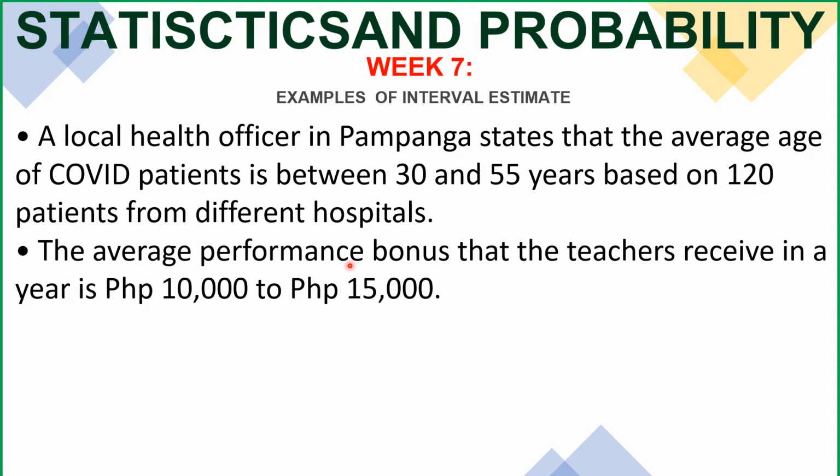Kung magaling siyang magturo, pwede siyang umabot ng 20,000, 18,000, lagpas 15,000. Ngayon, kung poor naman yung performance niya, pwedeng umabot lang ng 9,000 yung bonus niya. So, yung ibig sabihin ng interval estimate dito is mostly ng mga teachers, yung performance bonus nila is nasa 10,000 to 15,000.